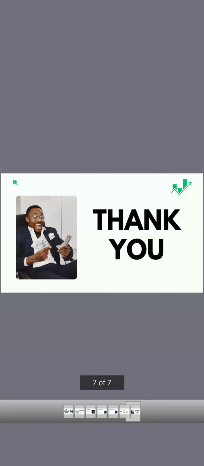So guys, I just dropped this: how to place a trade in from Goldmine. So the first question here is, is it good to cut your trade before hitting any TP?